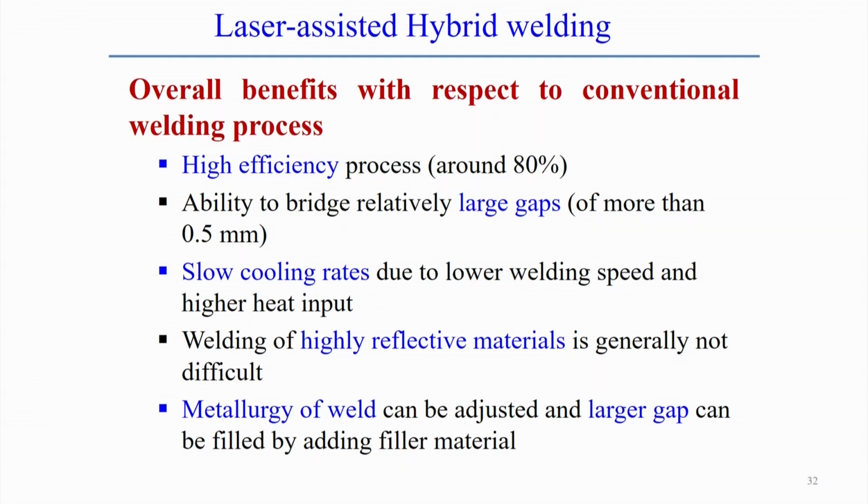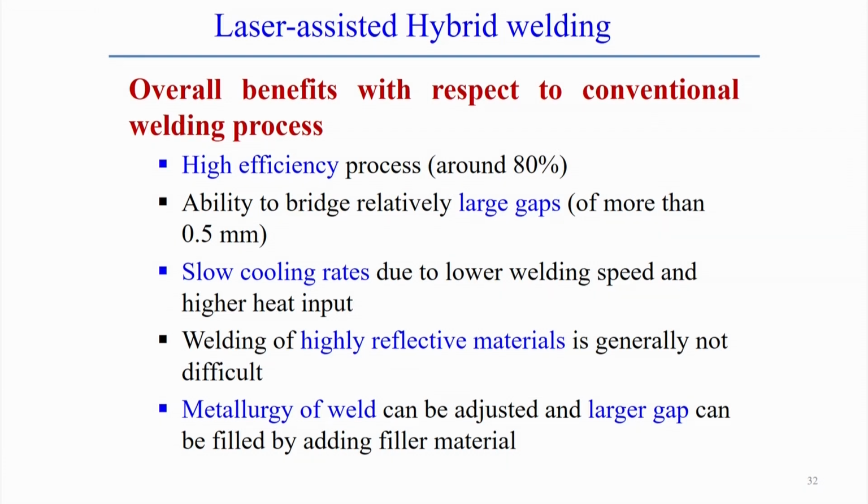The second advantage is that if a practical situation arises where there is a large gap between the two substrates or workpiece materials, hybrid laser welding is probably a very good solution to join the material, either without using any third material or metal deposition, or using some other material deposition process to fill the gaps.